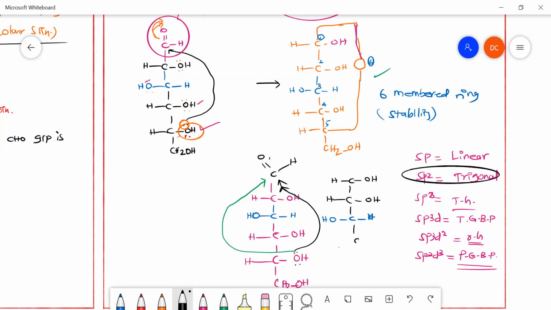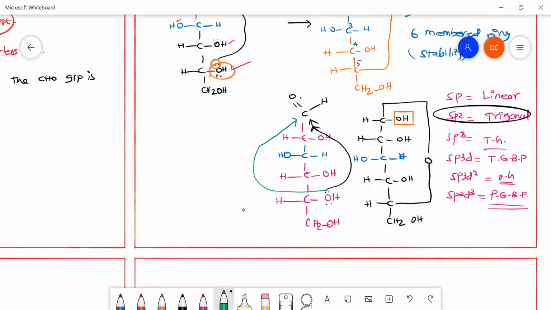What about the fourth carbon? COH and H. And the fifth carbon, only hydrogen is there, and the sixth carbon CH2OH is there. Am I right? Only on this side we have a ring. You assume the ring will be formed, but the electron will approach from this direction. Then the OH will be on the right side of that group, or otherwise it may be present like this.